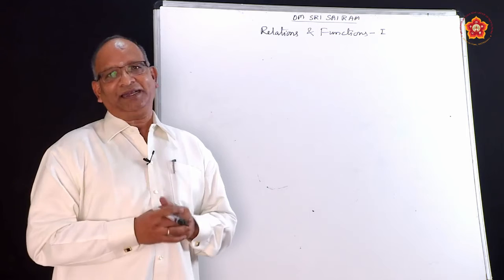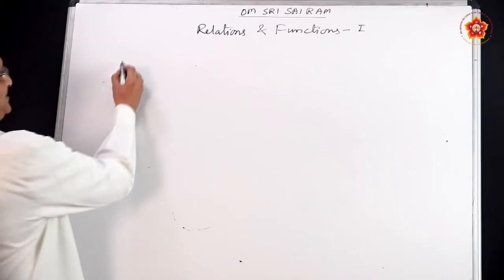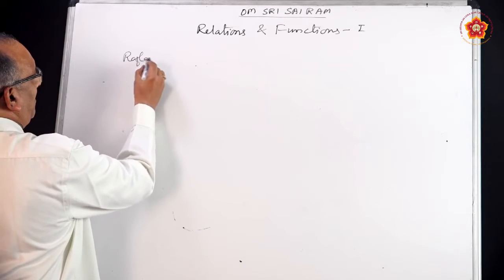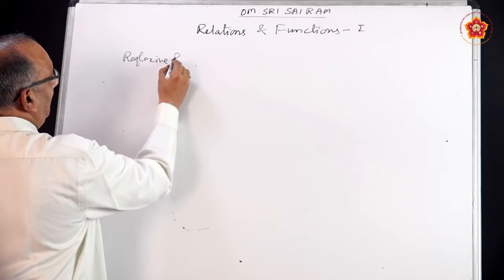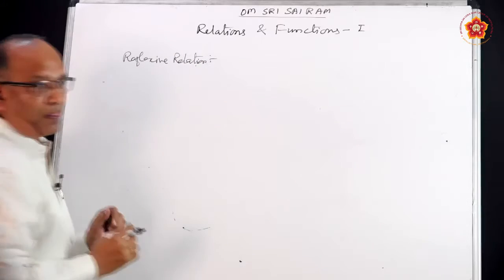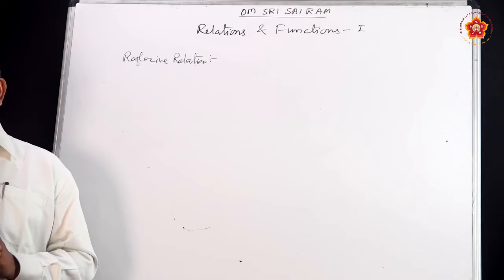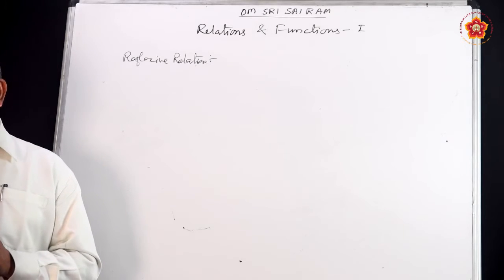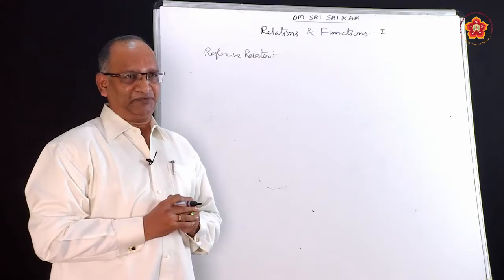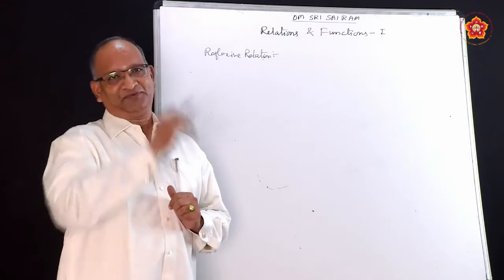Among the important relations, we have got three. The first one is called reflexive relation. What is this reflexive relation? A relation R in set A is called reflexive if the element is related to itself.